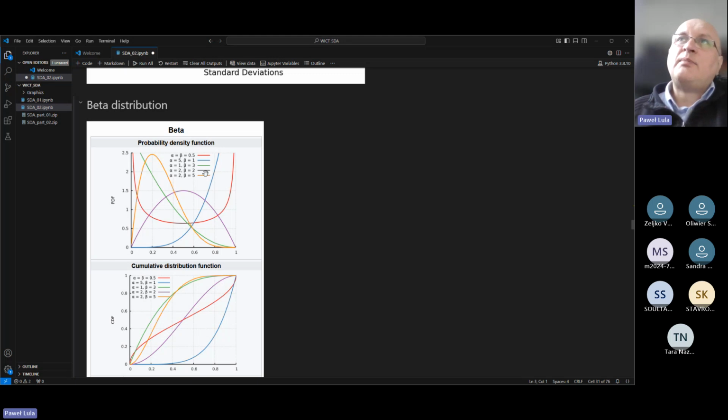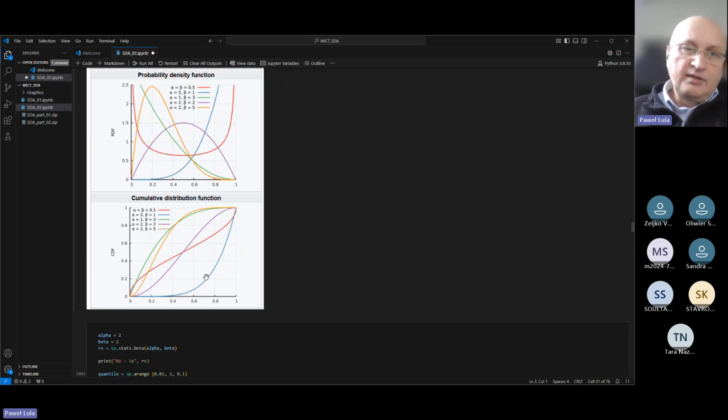The probability density function has values different from 0 only in the range from 0 to 1. Here, on the right side of 1 and on the left side of 0, values of the probability density function are always equal to 0.